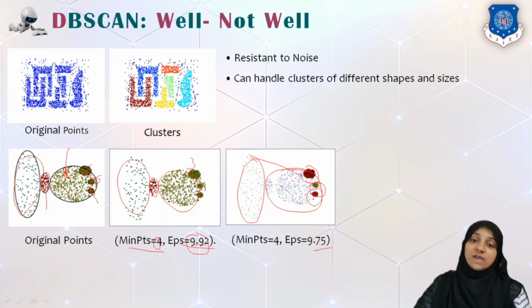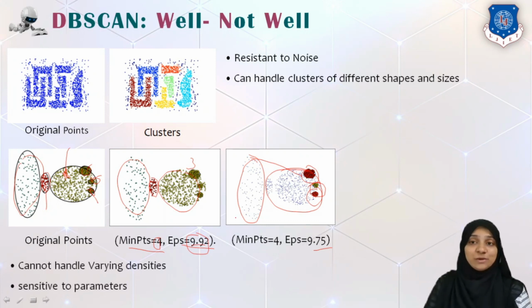So as you can see, not only has the number of clusters changed, but the shape, size and sparsity of the clusters also change for the same set of data points. So it is always to be noted that the drawbacks of DBSCAN are that it cannot handle data of varying density, and it is quite sensitive to its parameters such as minimum points and epsilon value.